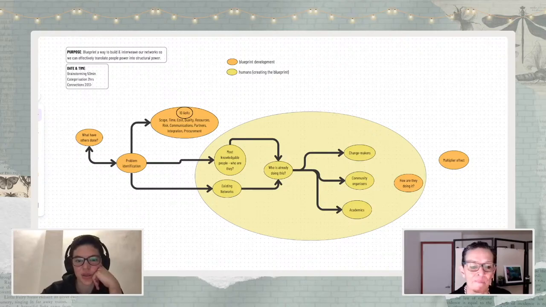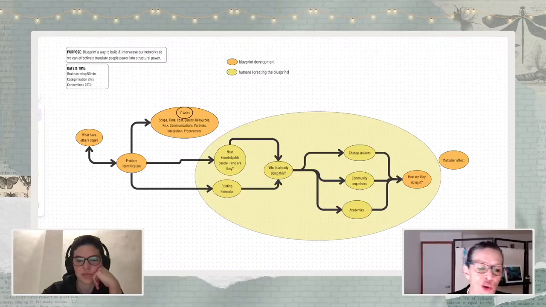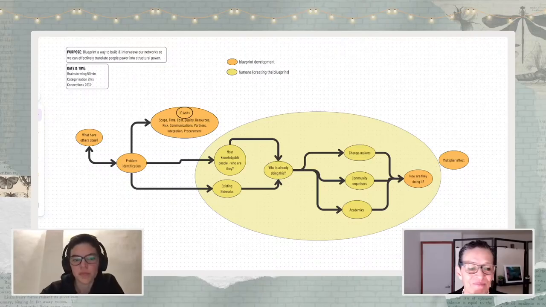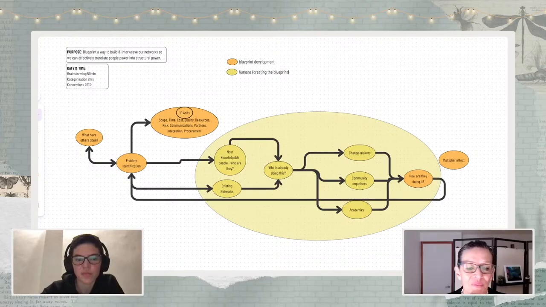And now from how are they doing it, you go to problem identification one way. So we have closed that loop there.